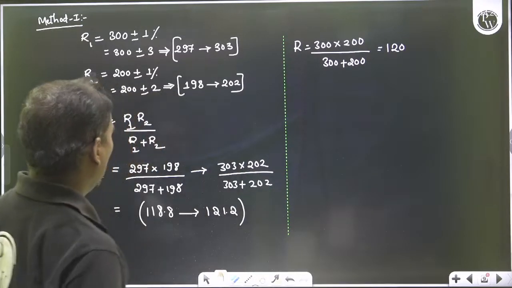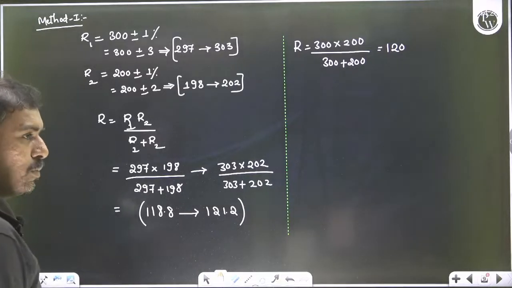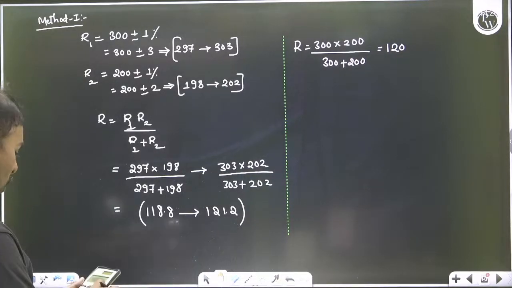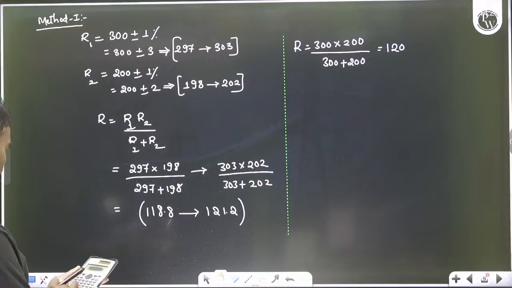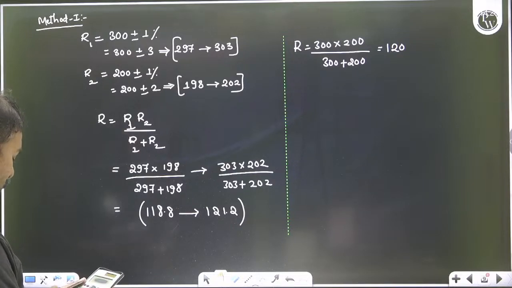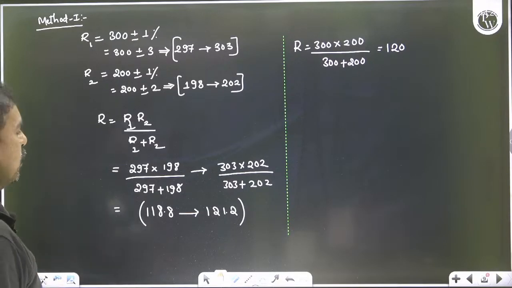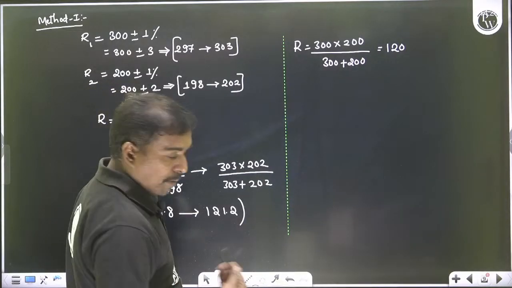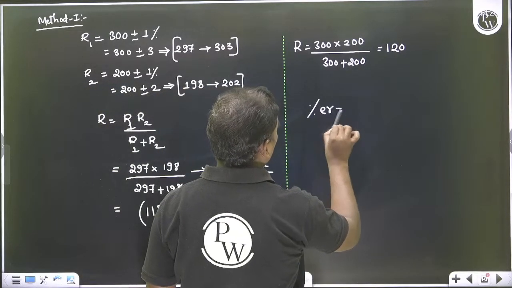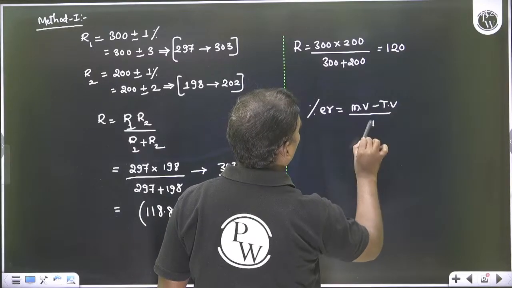Percentage error is measurement value minus true value by true value into 100.